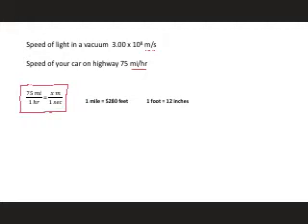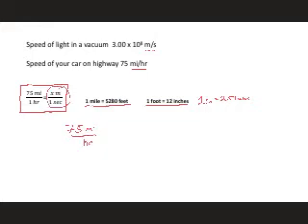By using our reference conversion factors for miles to feet and feet to inches, and knowing that 1 inch equals 2.54 centimeters, we can convert 75 miles per hour to meters per second and compare the speed of light versus the speed of your car on the highway.